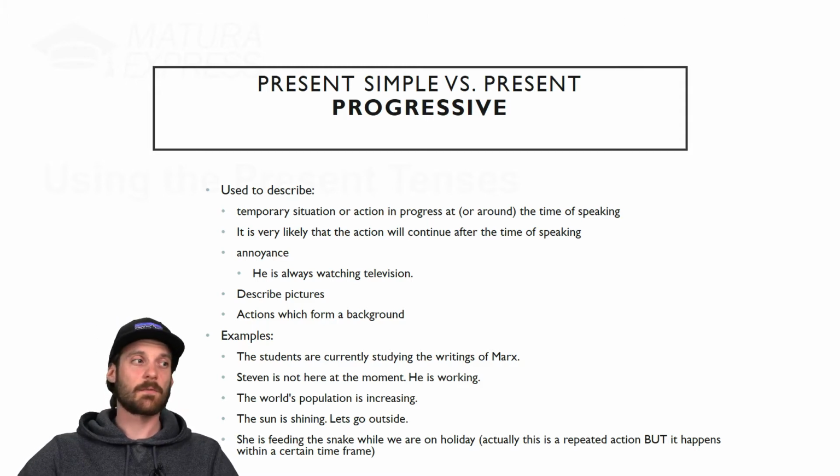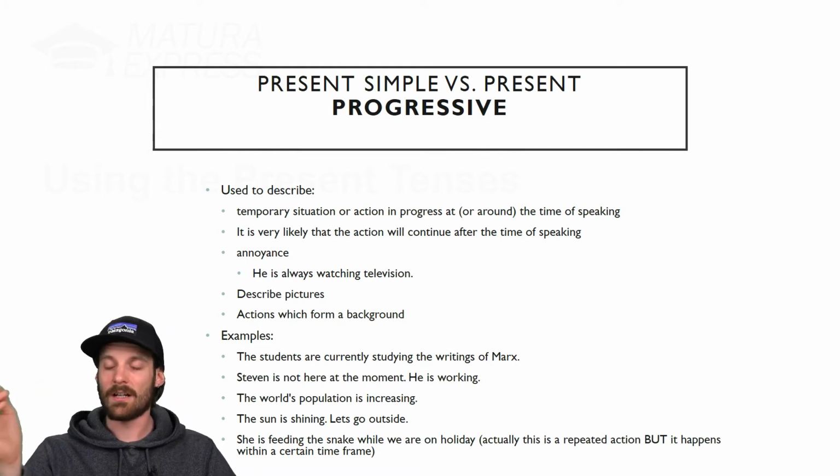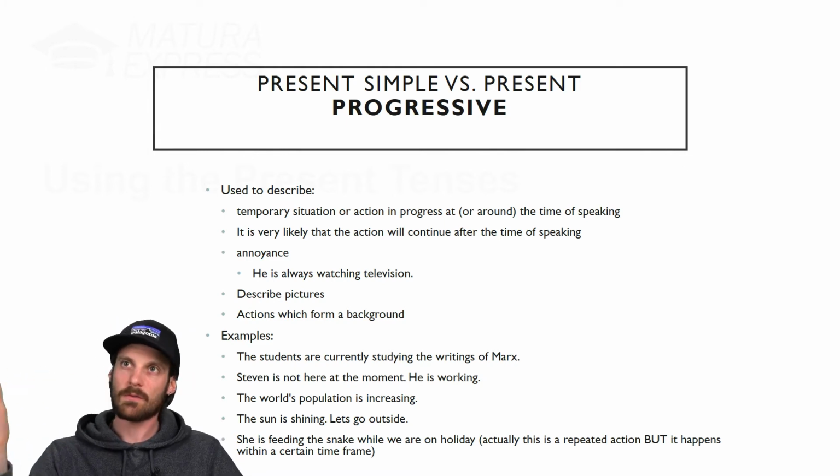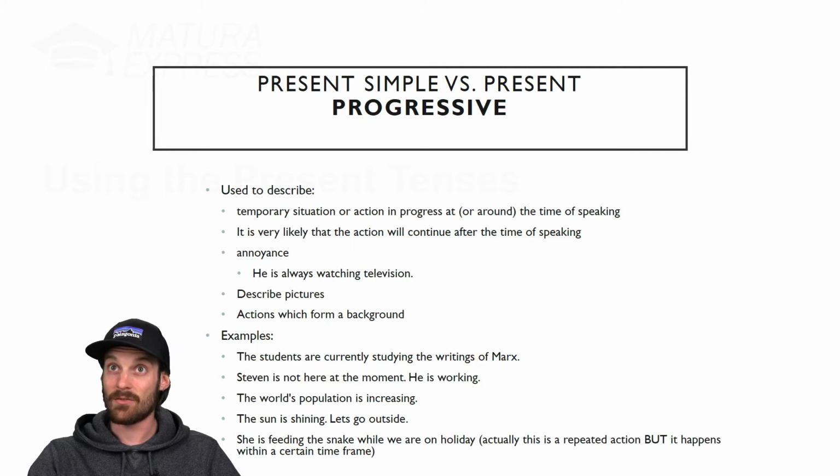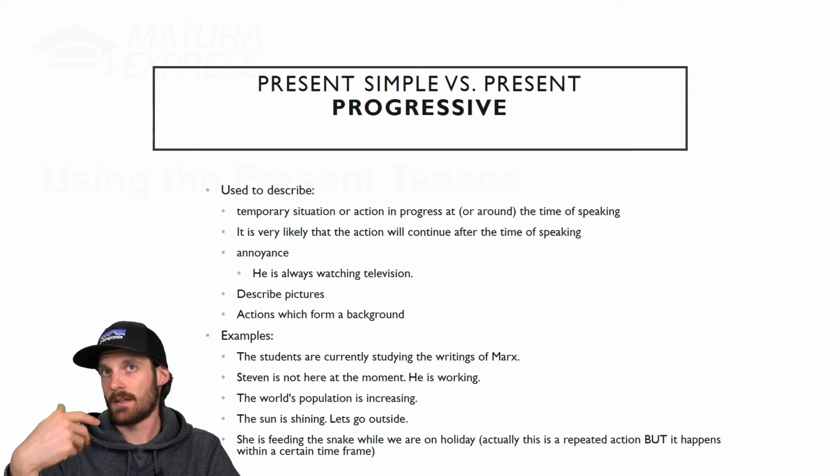Present progressive, of course, if you decided already, let's use the going to, if you already decided to do something. Like the festival, you decided to go to a festival. So you can either say, I'm going to the festival tomorrow. You've decided.